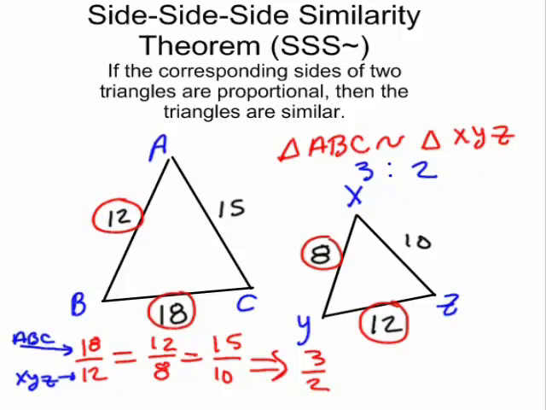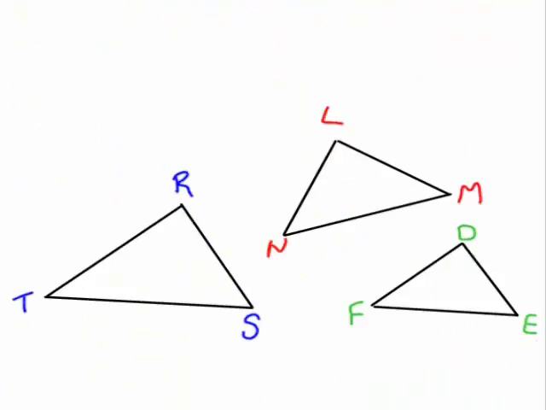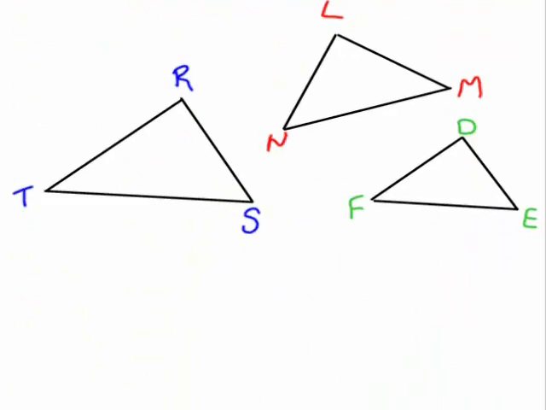Let's look at another example. Something similar. Here we have multiple triangles. In this case, we would like to determine which two triangles are similar. We have triangle RST with the following values of 9, 6, and 12, obviously not in that order.